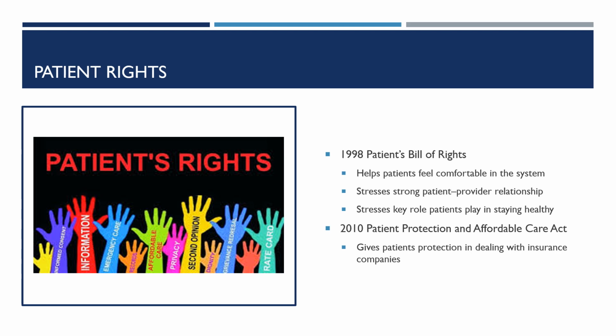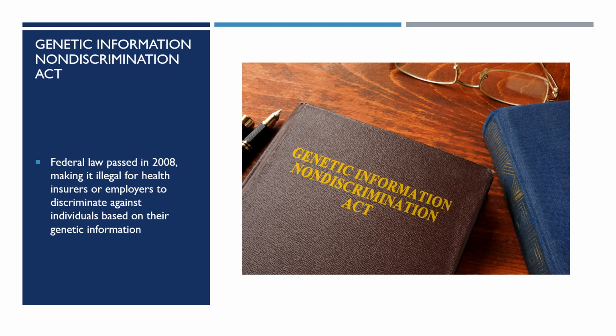In 2010, the Patient Protection and Affordable Care Act was added to establish patient protection when dealing with insurance companies. Other additions that have progressed patients' rights related to privacy are HIPAA and ARRA. There have been some legally binding legislation that has been passed to safeguard vulnerable populations.